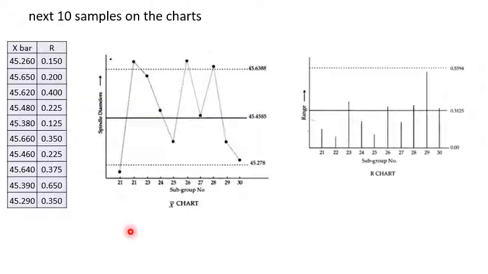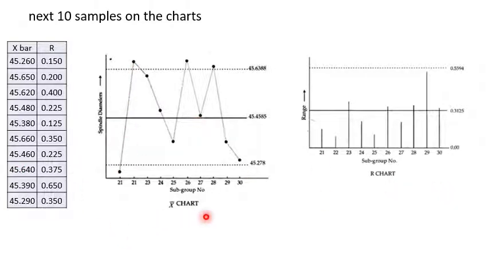So now we prepare the X bar chart and R chart for the remaining samples. The remaining sample table is given here. So these 10 samples we plot on the X bar chart and R chart.